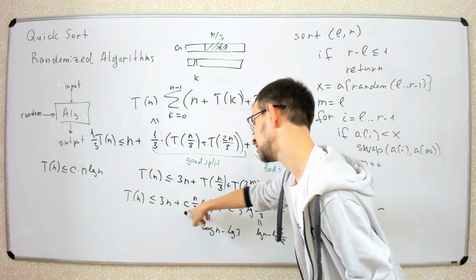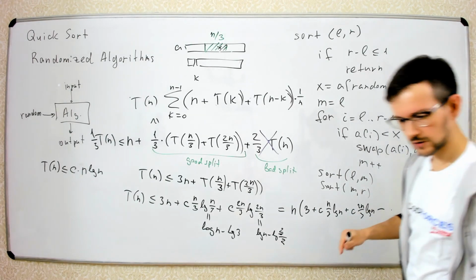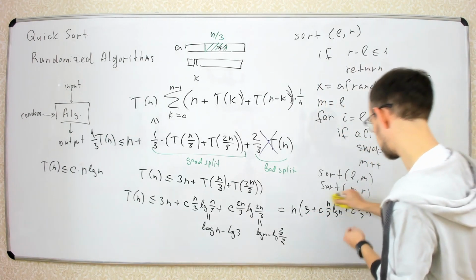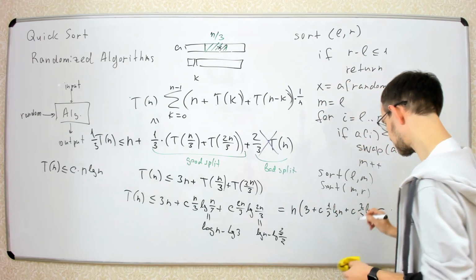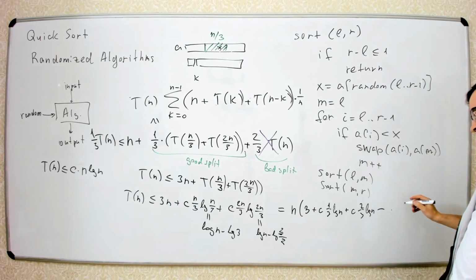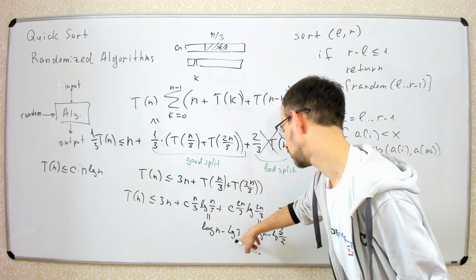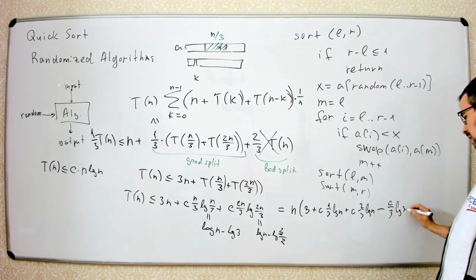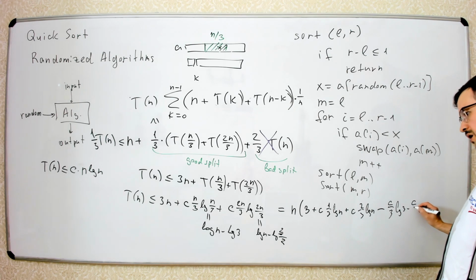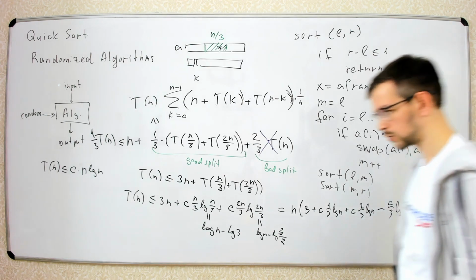Minus c(n/3) multiplied by log. No, I removed n, yes, I moved n here, so it's 1 here. Sorry. Minus c multiplied by log 3, right? And minus c(2/3) logarithm of 3/2.